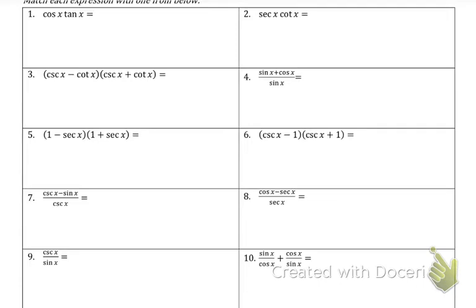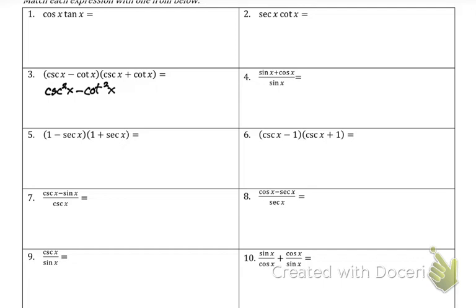Well, what I'm looking at here is what probably is going to happen is I'm probably using difference of squares. This is a minus b times a plus b. So I'm kind of picturing that we should probably be doing something with cosecant squared x minus cotangent squared x.